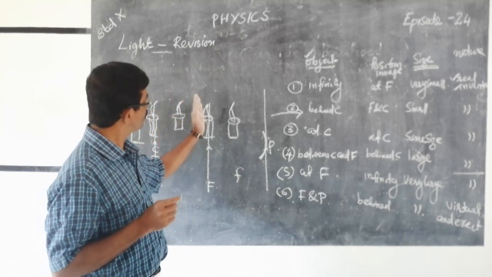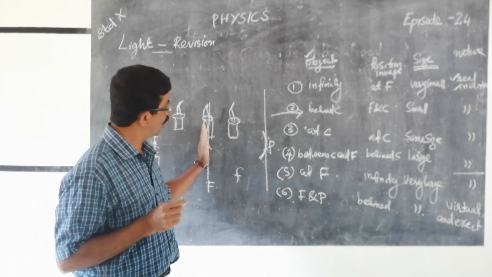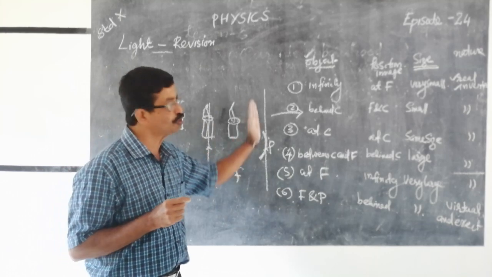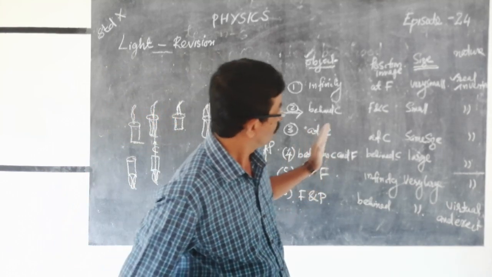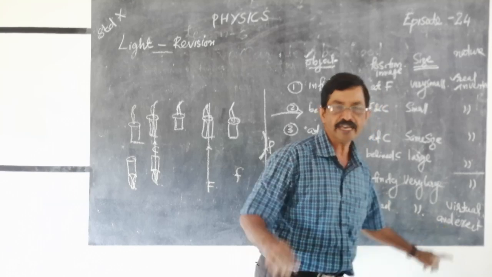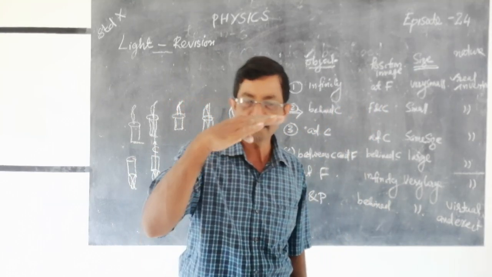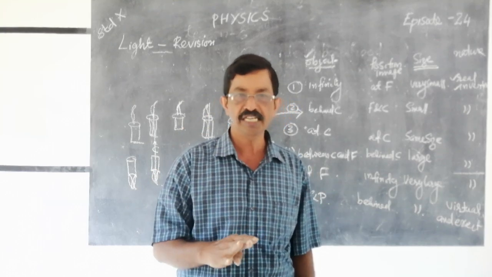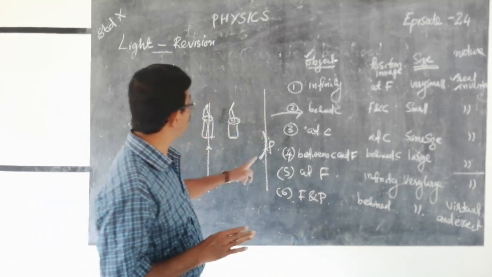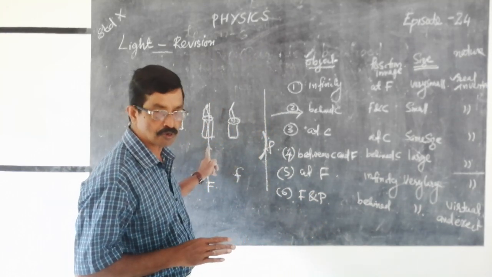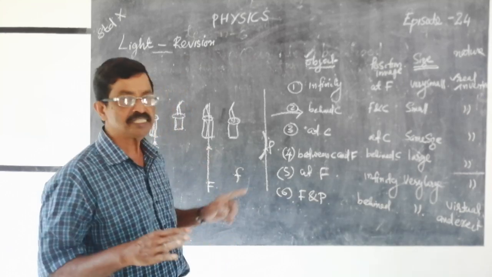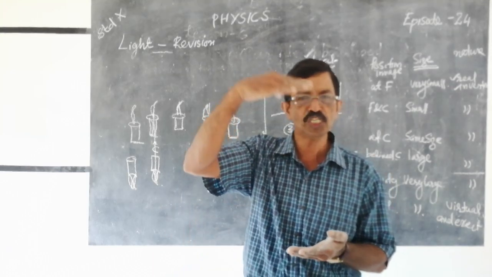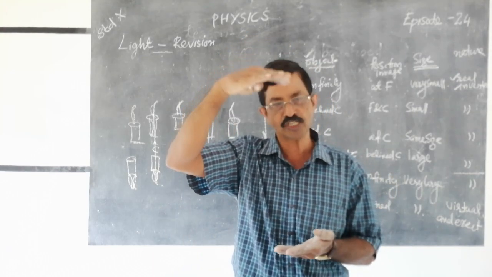But if we place an object in between pole and focus, then the image will be virtual and erect. So a concave mirror forms a virtual image only when the object is in between pole and focus, and that image is enlarged. Enlarged means that the image is very large, and it is virtual also.